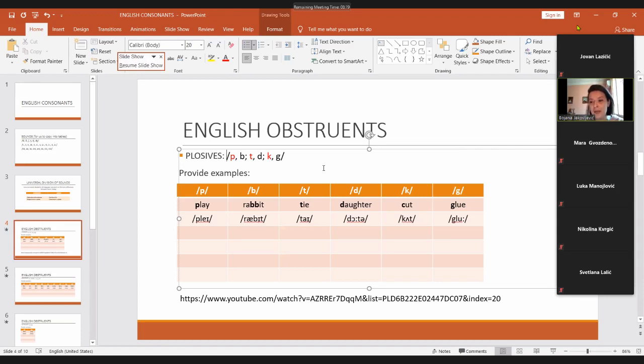Now, there is something typical of English P, T, and K in comparison to, for example, Serbian or Hungarian P, T, and K. I mentioned at the beginning the word pik, as a suit in cards in Serbian.